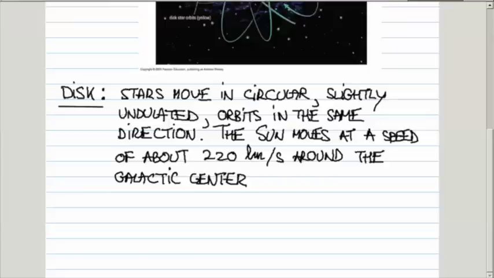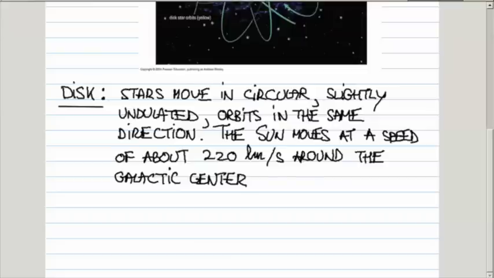Okay? So we can determine the orbital speed. We can also determine the distance of the sun and us from the galactic center, which is about 30,000 light years, right?